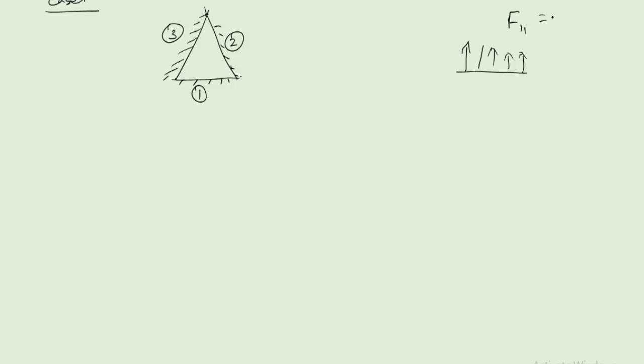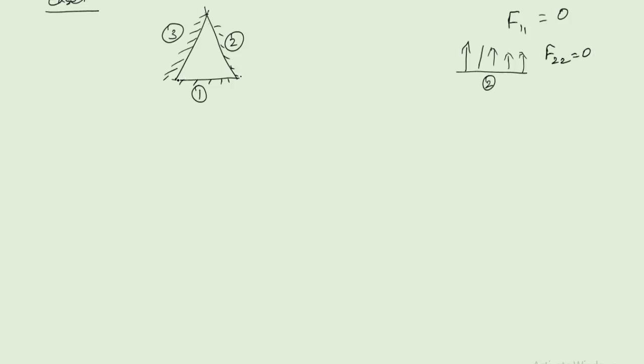That is, there will be no chance the energy emitted by this surface will be absorbed by the same surface. It will not happen for a flat plate. So for a flat plate, F11 equal to 0. Similarly, if I consider this as surface number 2, then F22 equal to 0.